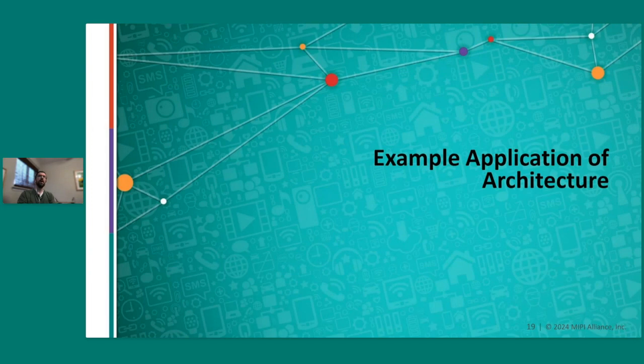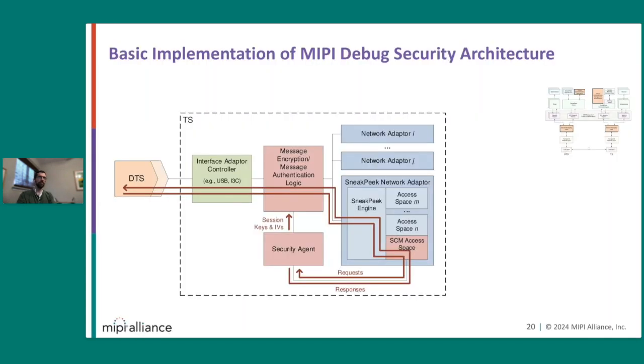Okay, and I guess this is going into some example application of the architecture of how one might build one of these. And we're going to look at just the sneak peek defined variant of the architecture. So again, looking at the sneak peek architecture, one could set something up like this.